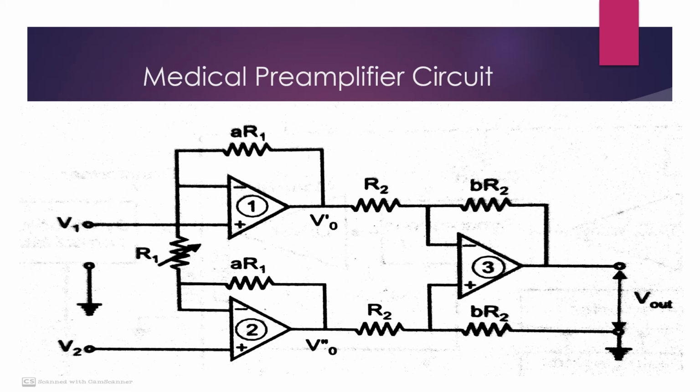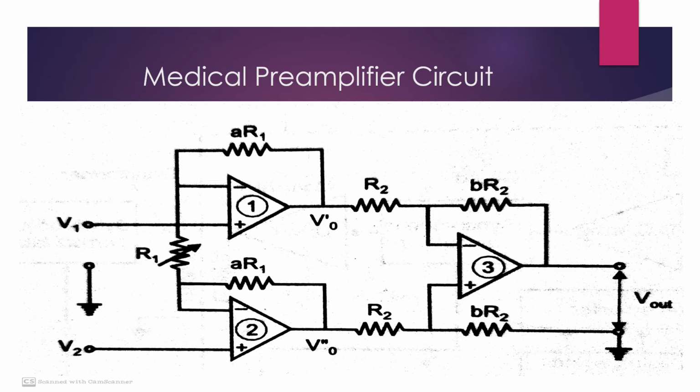The medical preamplifier circuit is also known as the instrumentation amplifier. It consists of a differential amplifier which amplifies the differential signal and rejects the common mode signal. It has a very high input impedance. From the diagram, we can see three operational amplifiers.